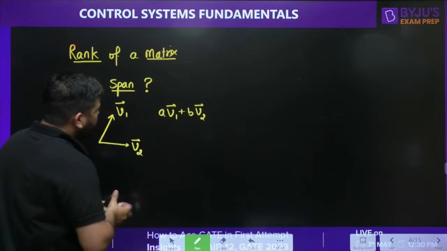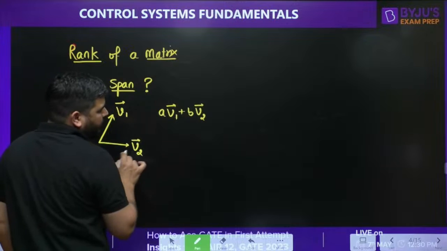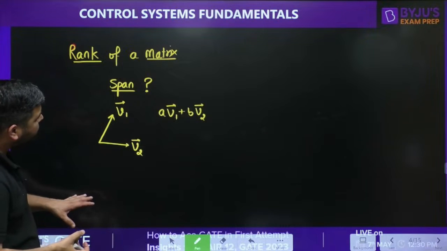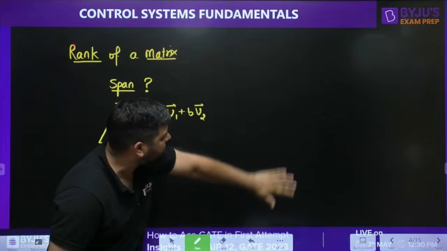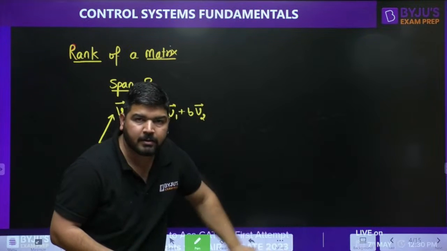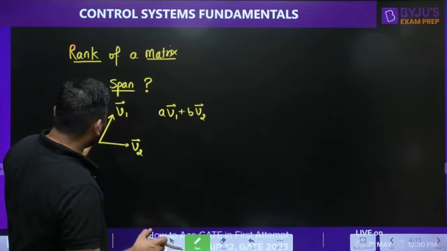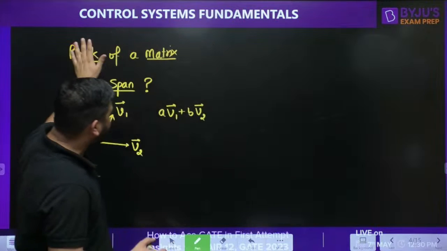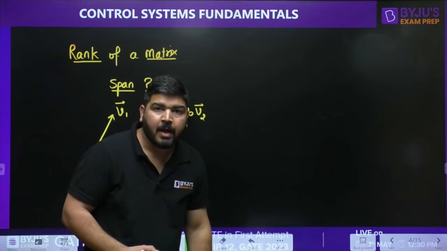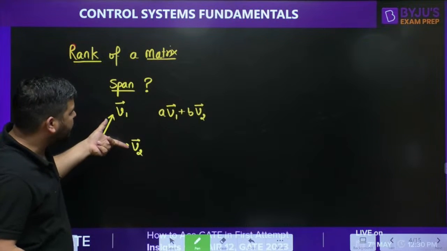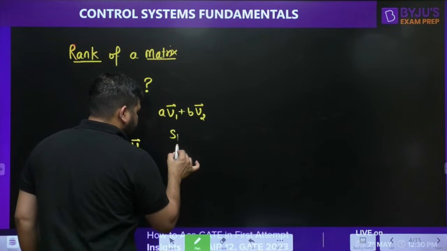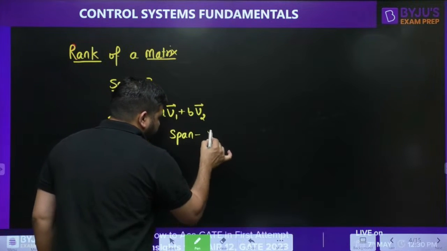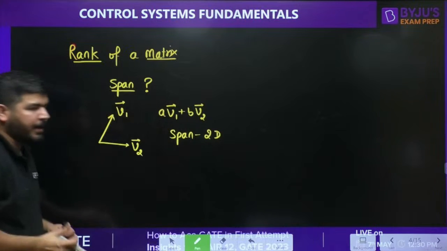If you take a linear combination of v1 and v2, then you can reach every point in this 2D plane. It means the span of these two vectors is the 2D plane. So span is 2 dimensions.